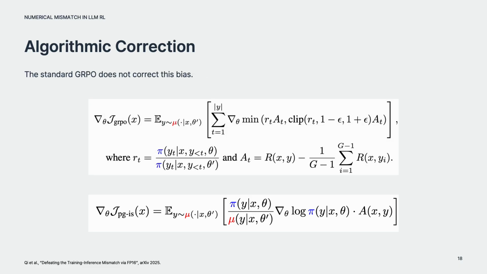A key point to clarify is that in the standard GRPO algorithm, the importance ratio is primarily used to correct for the bias introduced by differences between the current and previous policy, that is, policy staleness as mentioned by the Qwen team. While an inference engine is typically used to generate rollouts, the numerical discrepancies introduced by the inference engine itself are not explicitly corrected.